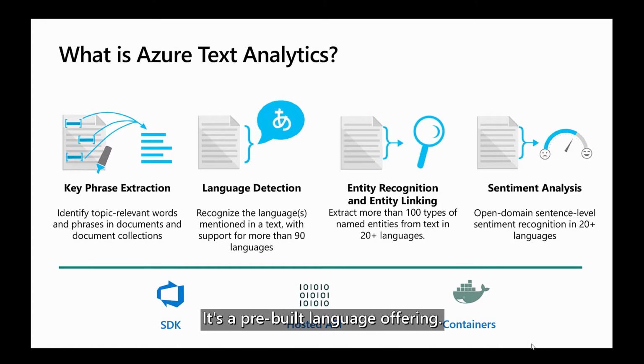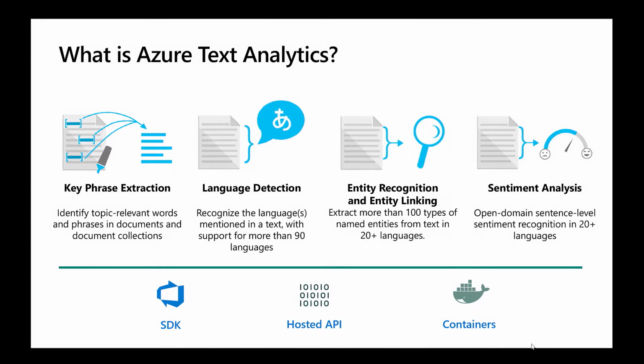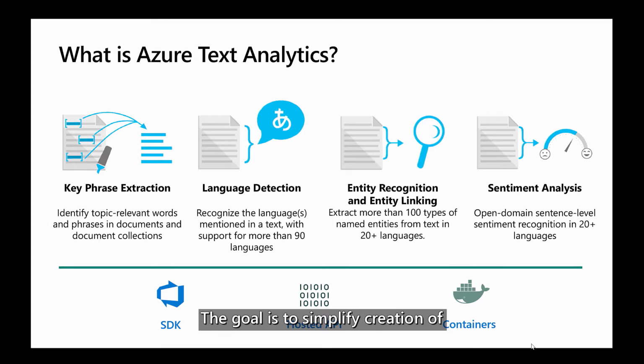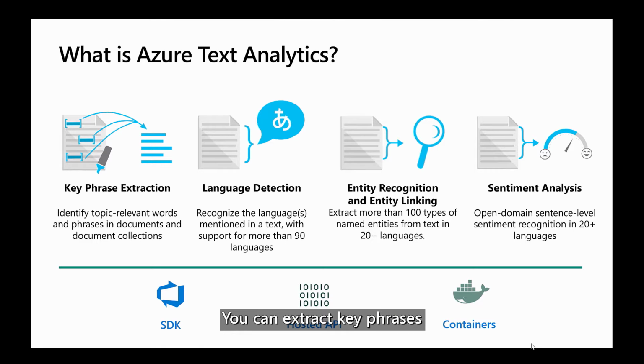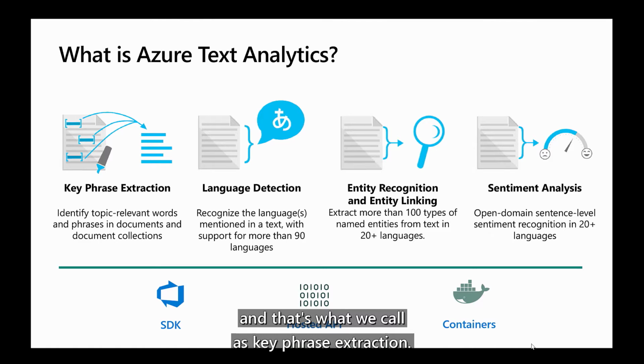So it's a pre-built language offering, and the goal is to simplify creation of your AI apps wherever you need to process text or analyze text, right? So you can extract key phrases, and that's what we call key phrase extraction.